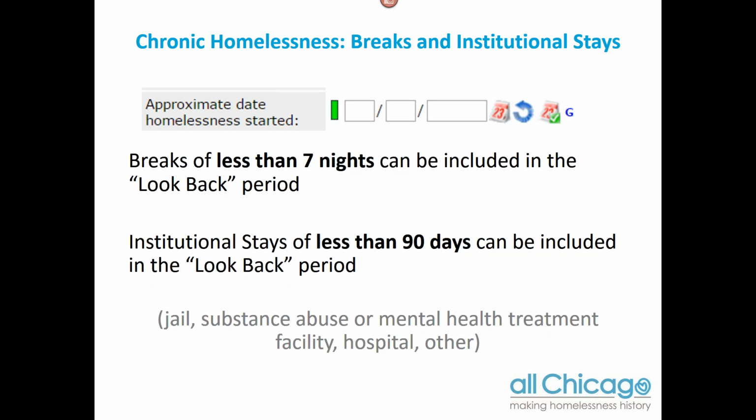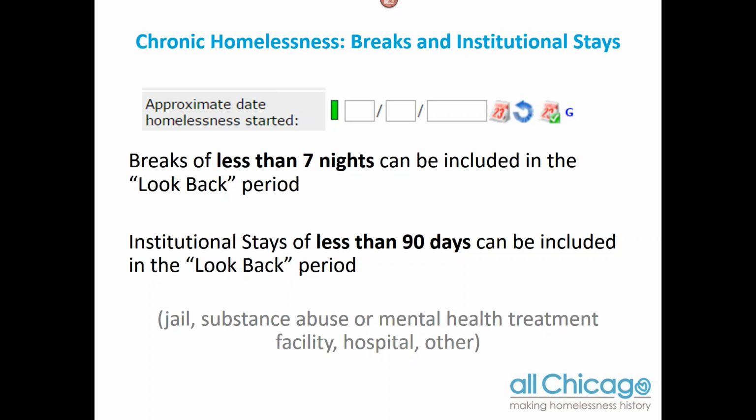So those are the 2 exceptions of breaks and institutional stays that can be included, meaning your date can go before them. But generally what you're trying to confirm here is how long their homeless experience really has been, how far back does it really go? Because the way it works with chronic homelessness is you need 12 months of homelessness. And this question kind of gets at whether you've been chronically homeless for a year continuously.